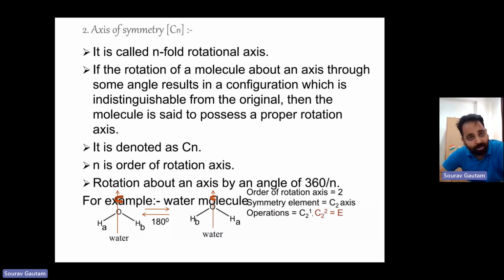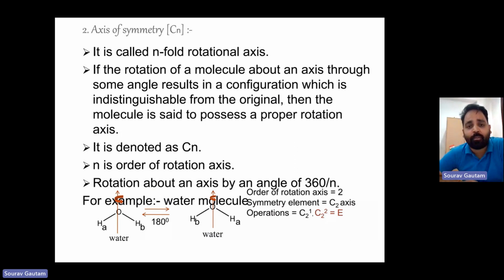And the second one is the axis of symmetry or proper axis of rotation. The symbol is Cn. The proper axis of rotation is called the n-fold rotation axis.